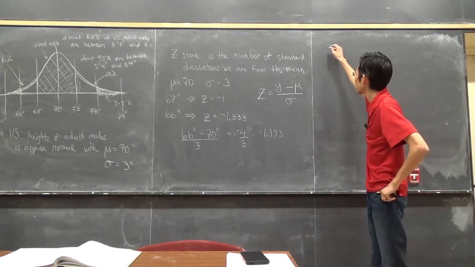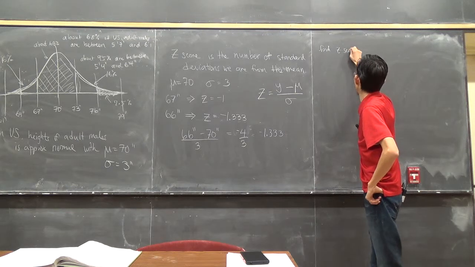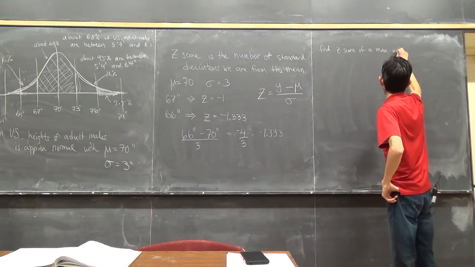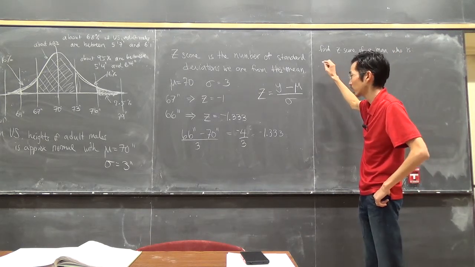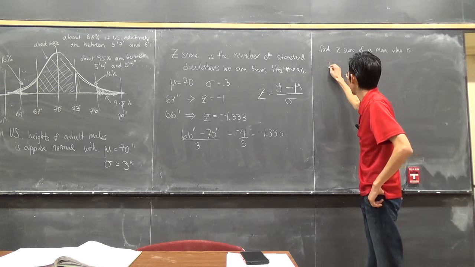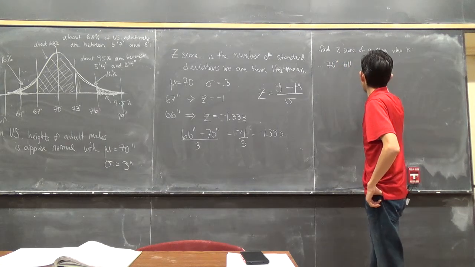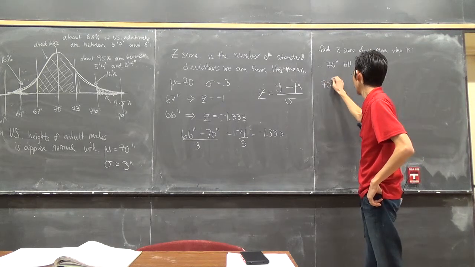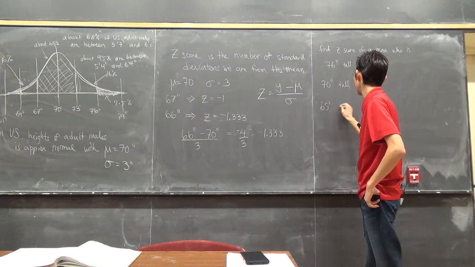All right. So find the z-score of a man who is 76 inches tall, and we will say 70 inches tall, 65 inches tall.